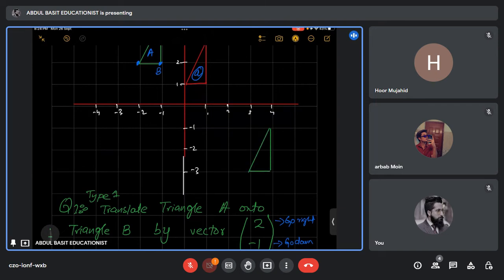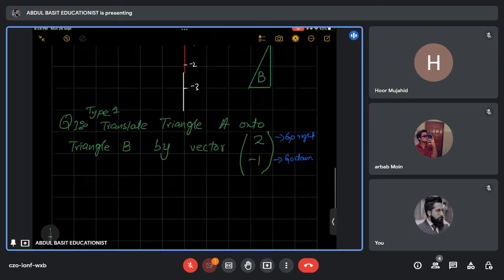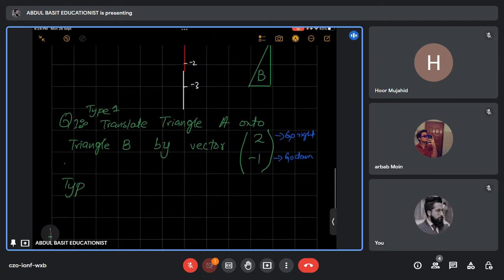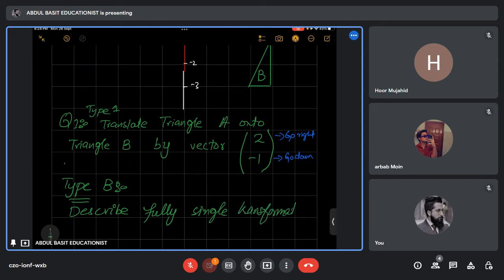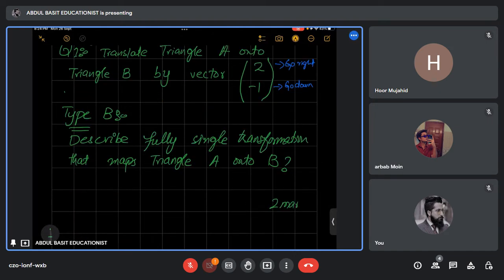This is triangle B. Type 2 would be something like this: describe fully the single transformation that maps triangle A onto B. You will get this question for 2 marks, as I said.